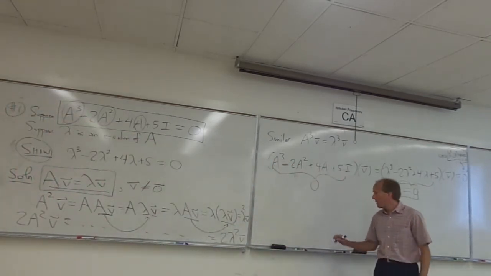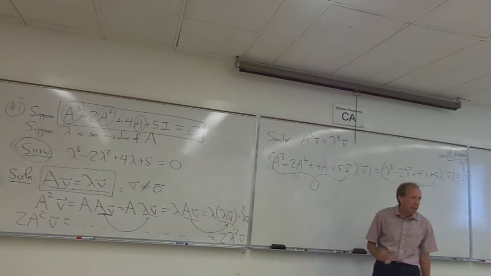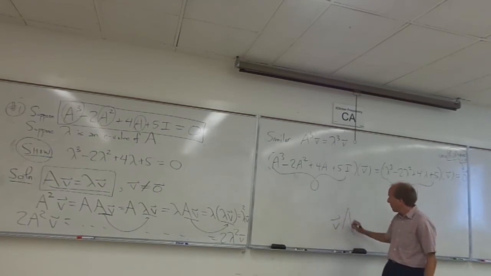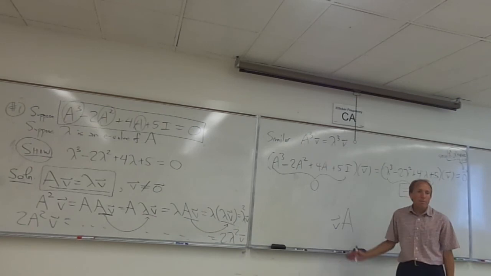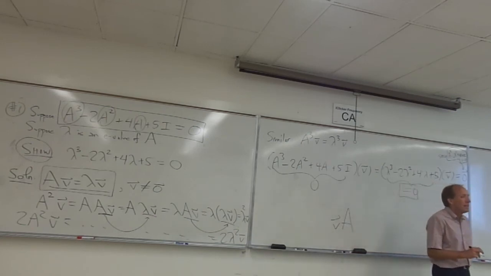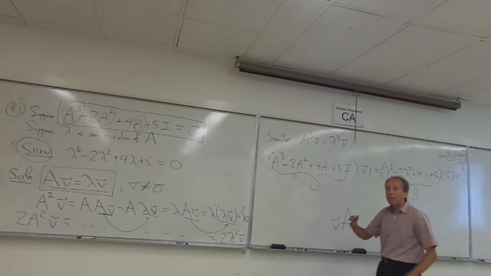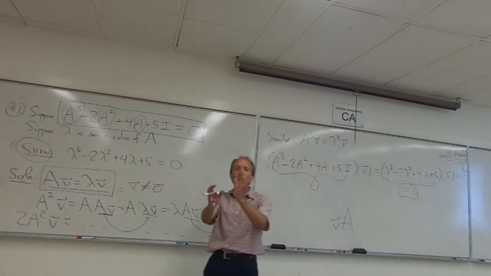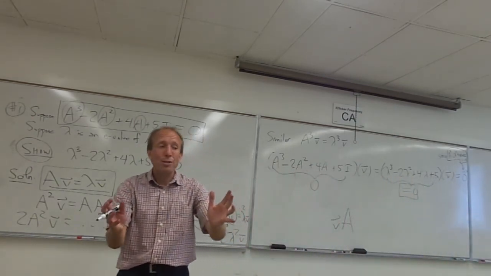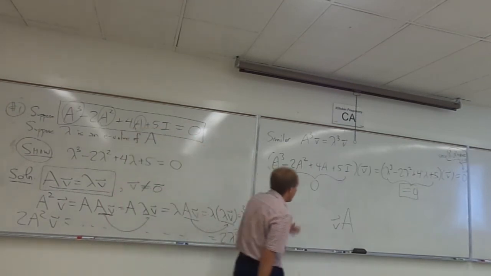Guys, try to do things well in the sense of how you write stuff up. Sometimes people get a little sloppy. I'll see stuff like this, the vector in front of the matrix. That really bothers me because I harp many, many times about how important it is that matrices don't commute, and so you shouldn't be writing something like this down.